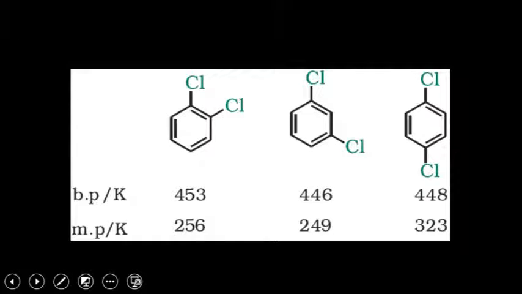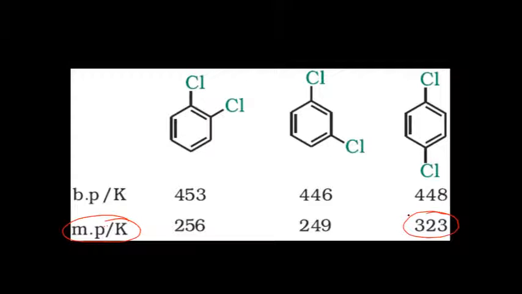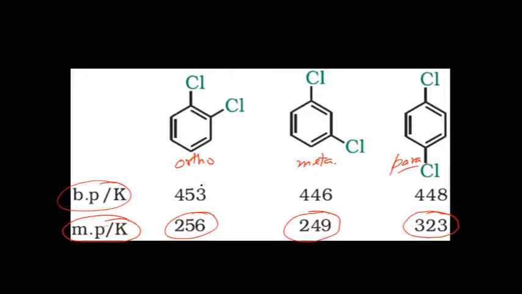If you see the melting point of para, it is a great difference as compared to ortho and meta. But if you see the boiling points, 453 is highest in case of ortho, then lowest in case of meta, and somewhere in between for para.